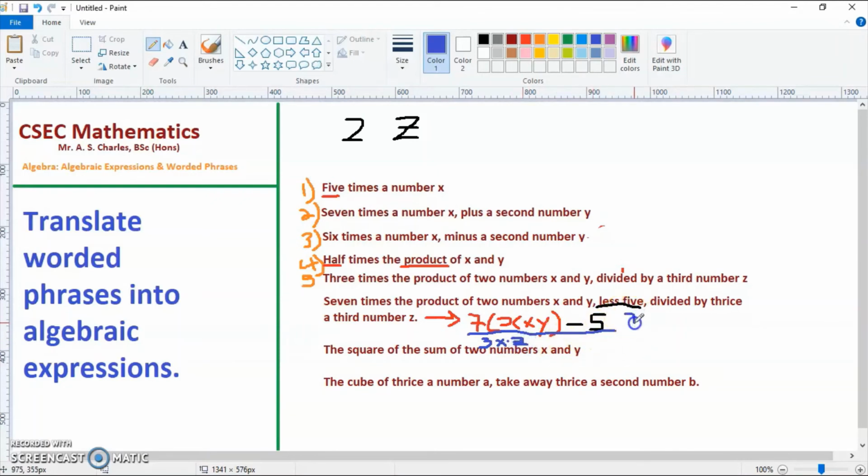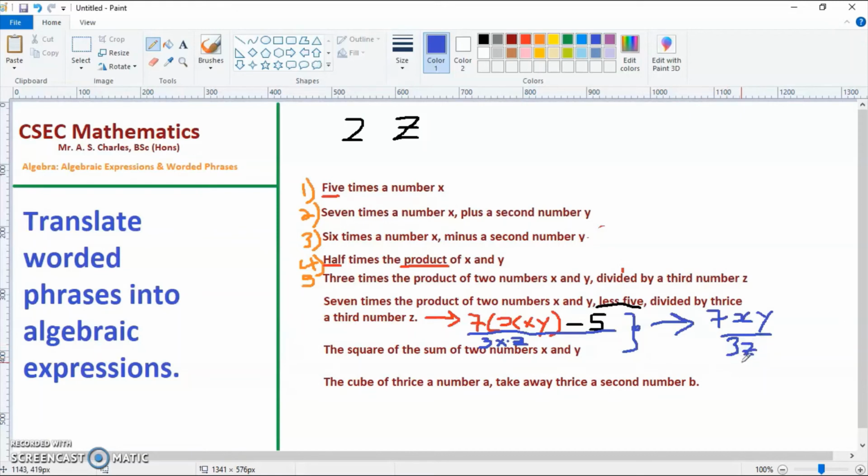And we will simplify this as 7xy, because x times y is the same as xy. So 7 times x times y is the same as 7xy, divided by 3 times z, which is the same as 3z. And that's our answer there.